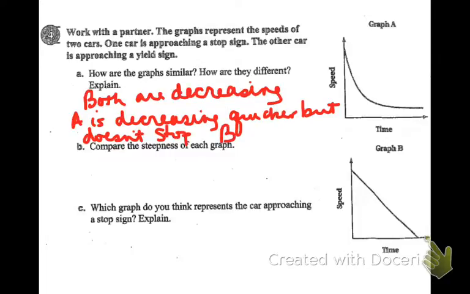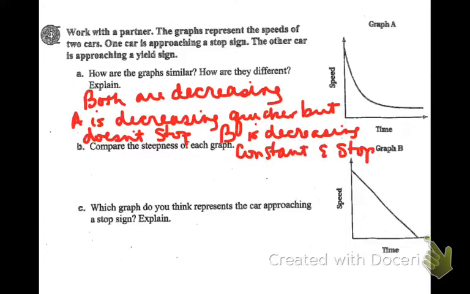B is decreasing at a constant speed, and comes to a complete stop, as indicated at the point when it reaches zero speed.